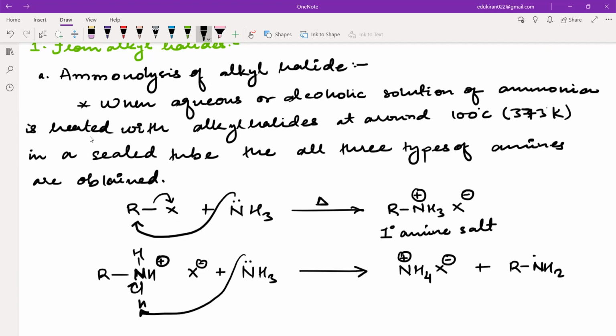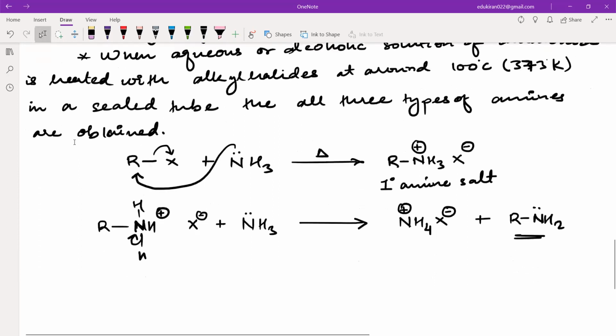We get RNH2 with a lone pair of electrons, and NH3 becomes NH4 positive, and the X negative shifts towards NH4 positive rather than RNH2. So this is how the reaction happens. First we make the 1 degree amine salt, and then another reaction happens, and we get a simple amine.